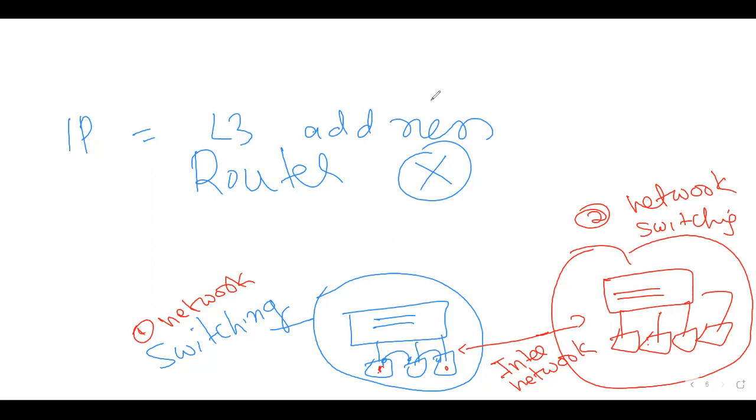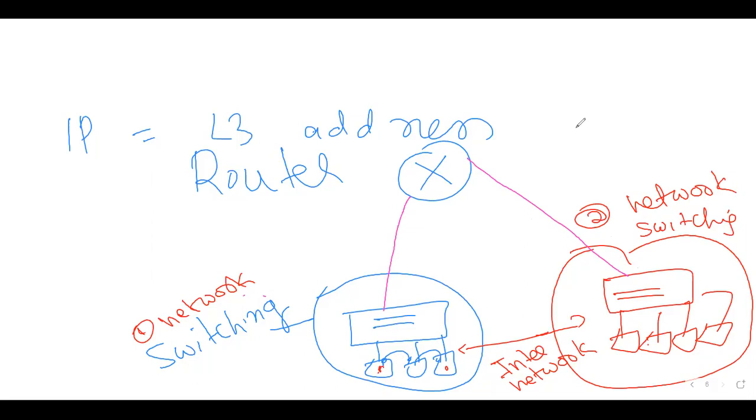So I need a connection from this network to the router and from the router to another network. Hope you understood. So what will the router do? Receiving data from one network and sending data to another network. Or the router will help us perform communication between one network and another network.